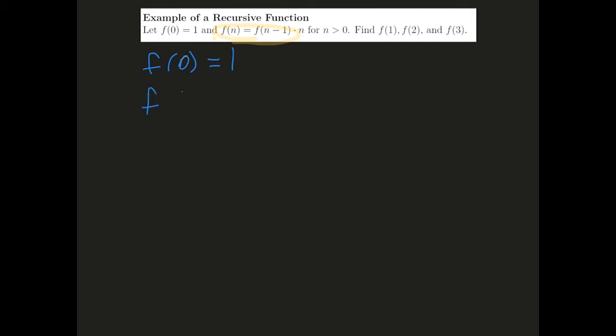So f of 1 is going to be, according to the definition, f of 0 times 1. Now where did that come from? F of n is f of n minus 1 times n.